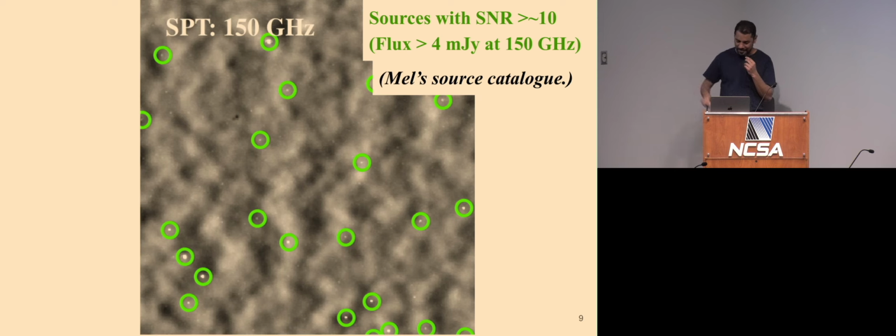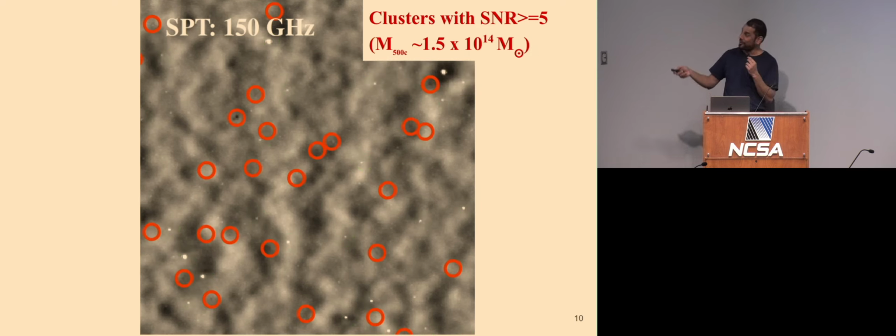But more than this, you also have these black dots. It's kind of hard to see, but you see the white dots are galaxies, and then you see black dots. These black dots are actually galaxy clusters, right? These are groups of galaxies. And in cosmic microwave background, at 150 gigahertz, they appear as a shadow. They appear as a decrement.